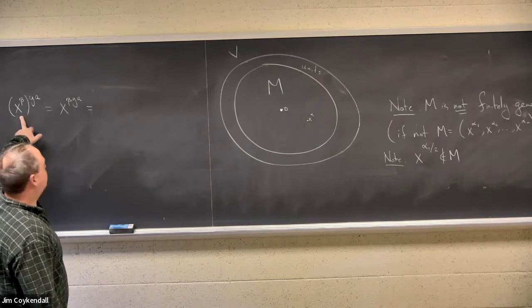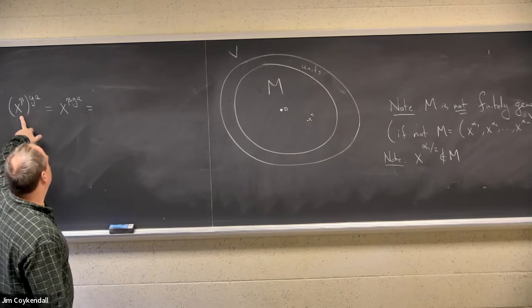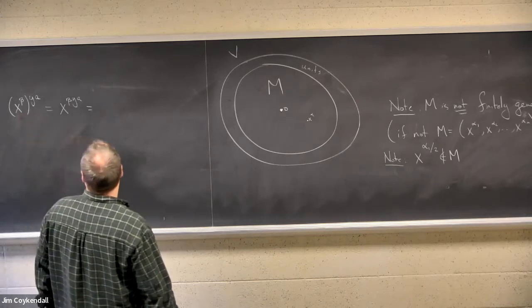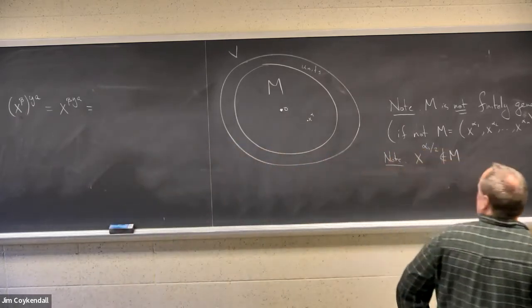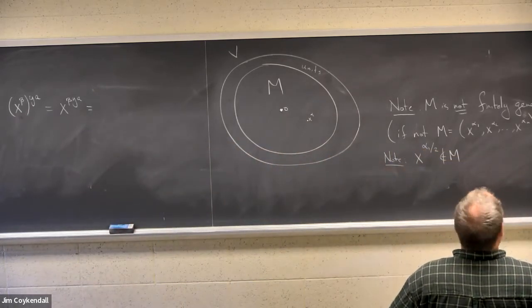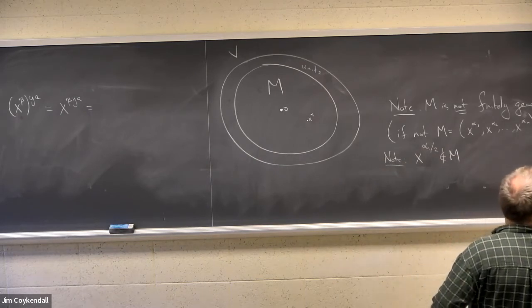Notice that this large power of x to the beta, right? I want to claim that that's in the ideal generated by x to the alpha. Actually, I might need a bigger power here. Beta y is x, this is x a.